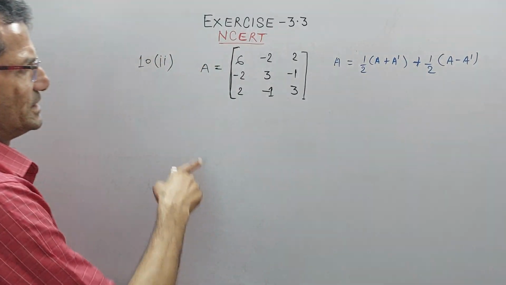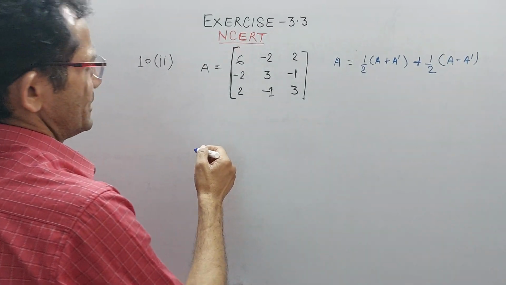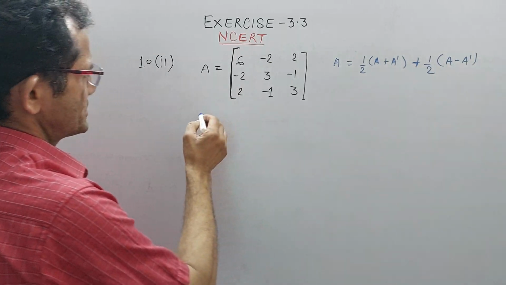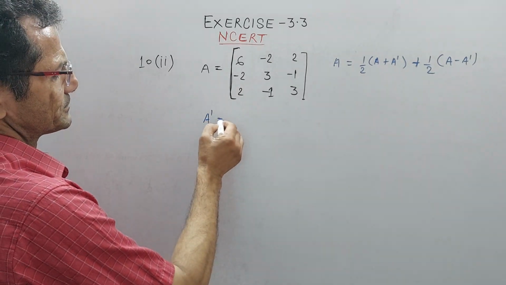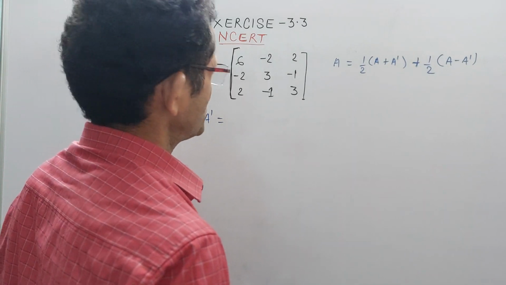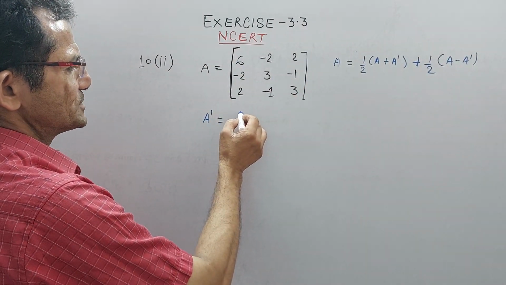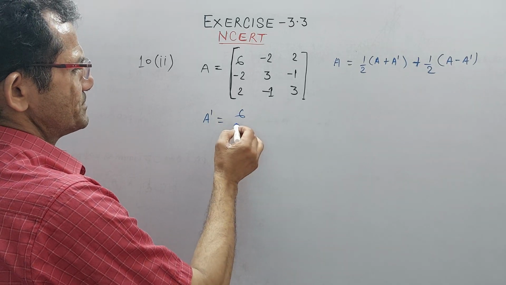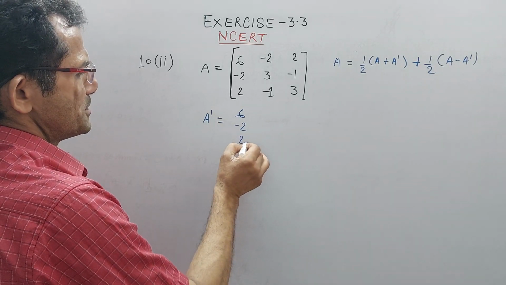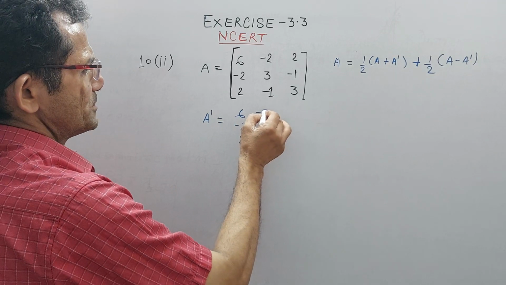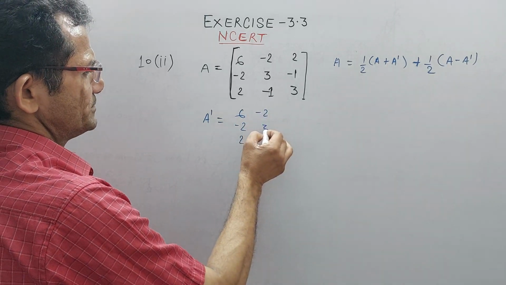Let us do the first part. Find the transpose of this A. This is a square matrix of order 3, so the first row becomes the first column: 6, minus 2, 2. The second row becomes the second column: minus 2, 3, minus 1.